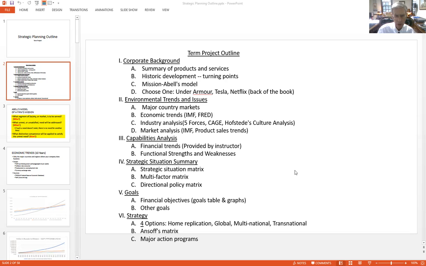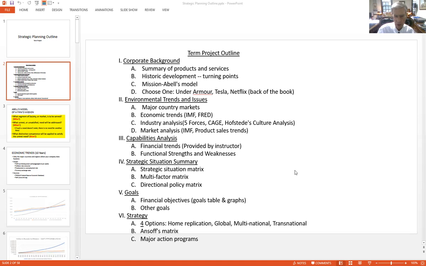And so we'll gather some economic trends using either of two excellent sources, the International Monetary Fund or the US Federal Reserve. FRED stands for Federal Reserve Economic Database. When we get into some illustrations, I'll explain where to find those sources.